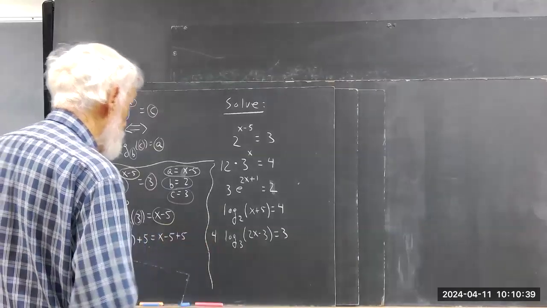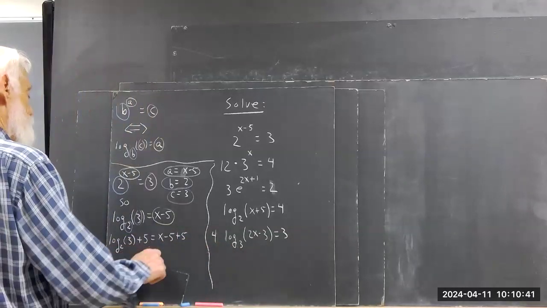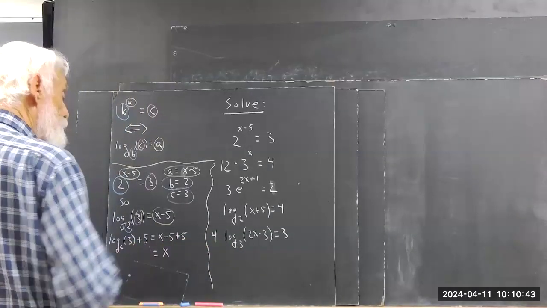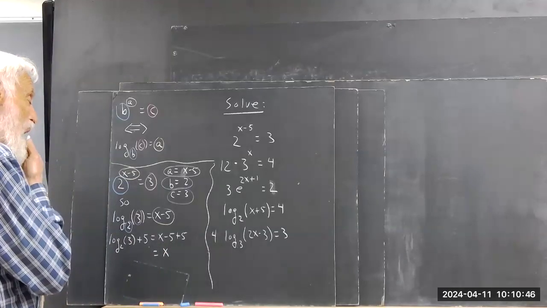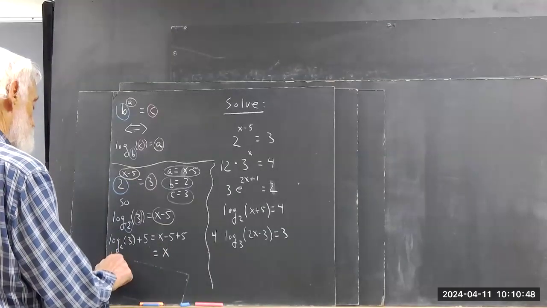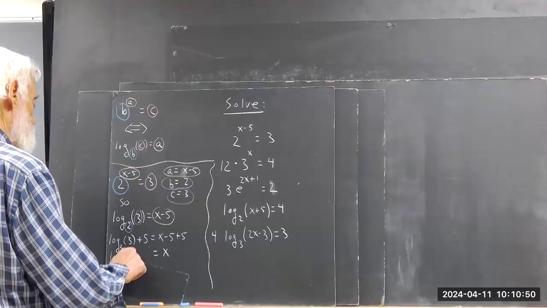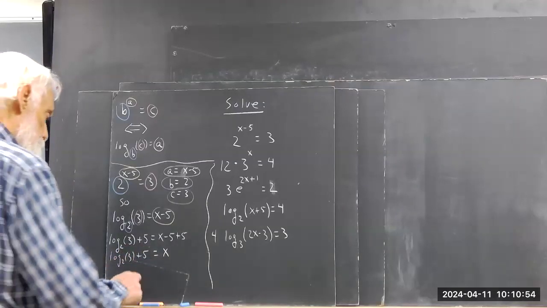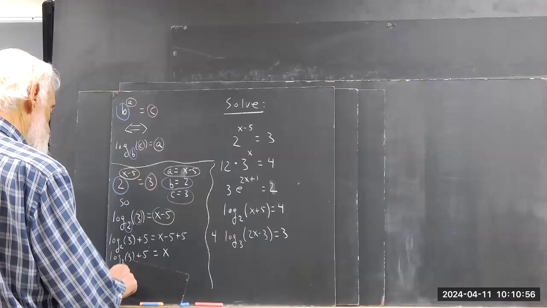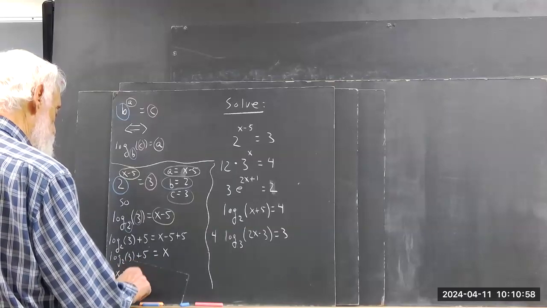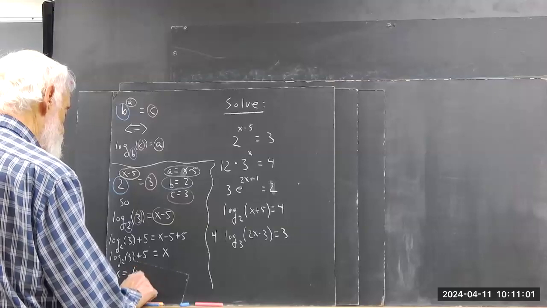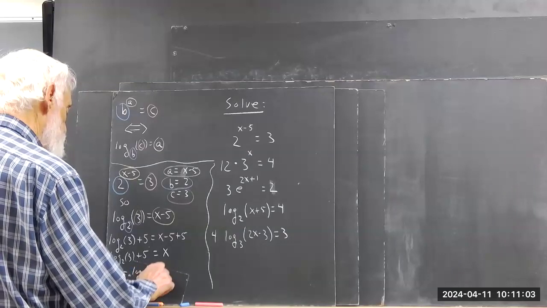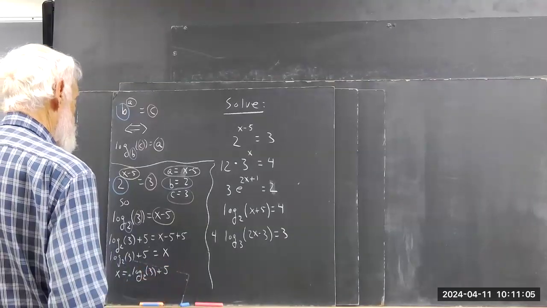Why do we add 5 to both sides? Because that's going to give us x. So x equals log base 2 of 3 plus 5. And we usually want to write x on the left, so we say x equals log base 2 of 3 plus 5.